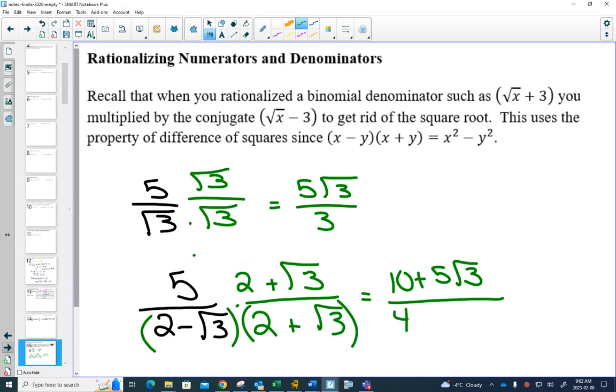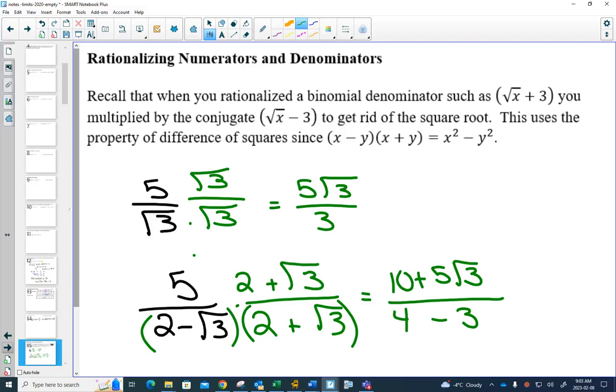And maybe you start to notice, hey, this is a difference of squares. So when I multiply the 2 times the root 3 and the minus root 3 times 2, those will cancel out completely. And then I'm just going to be left with minus, and root 3 times root 3 is just 3. And we've gotten rid of the square root on the bottom.